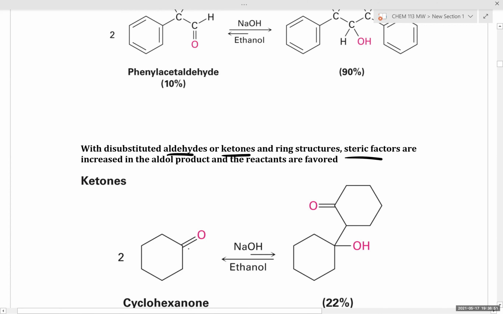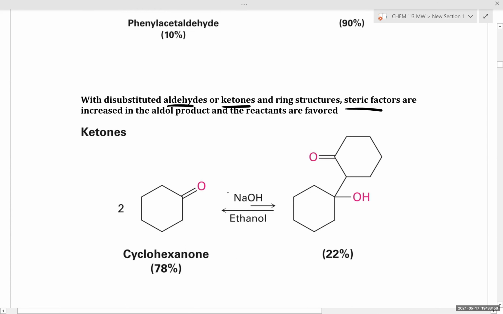Thus, for this aldol reaction, the equilibrium favors the reactants when you have hindered substrates, such as substituted aldehydes or ketones. So for example, for cyclohexanone, even though it can undergo the aldol reaction and we can form this carbon-carbon bond, this aldol product is not favored heavily at equilibrium.